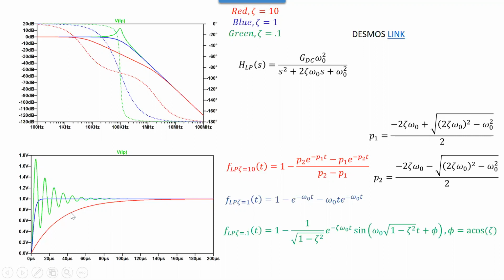But if this red plot was there with no other context, it's very hard to tell if it's critical or overdamped. Because if the poles are so separated, the slow pole dominates and it's impossible to see the fast pole. All right, but you can definitely tell that this is an underdamped second order system.